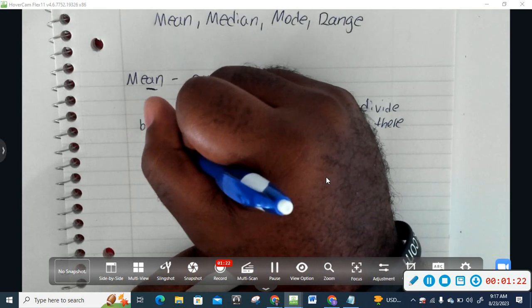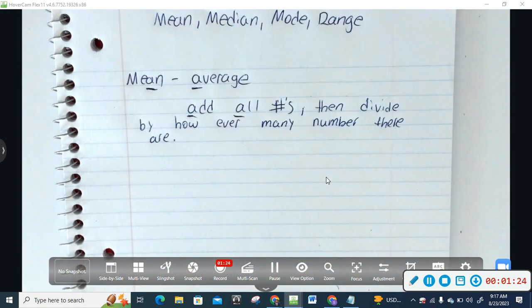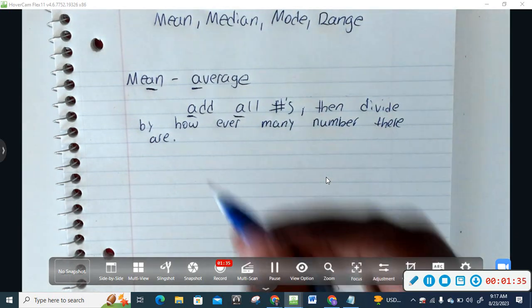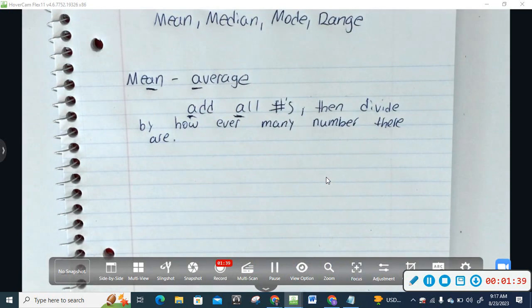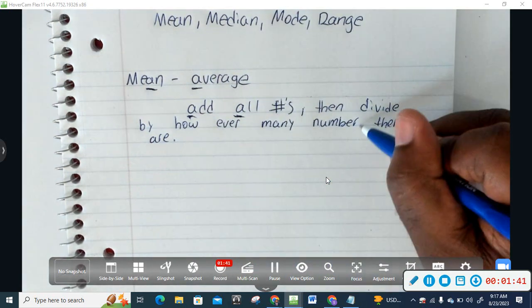Alright, so definition, now we're going to do an example. Mean is the average. We underline the A. Then we add all numbers, which also has an A underlined here. Add all numbers, then divide by however many numbers there are.